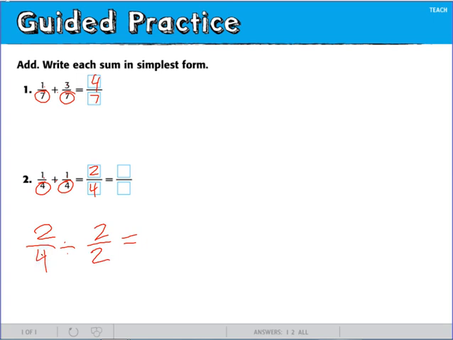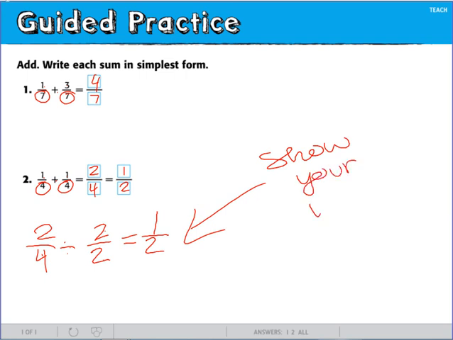So now we have 4 divided by 2 is 2. 2 divided by 2 is 1. So our answer is 1/2. Okay? Make sure you show your work.